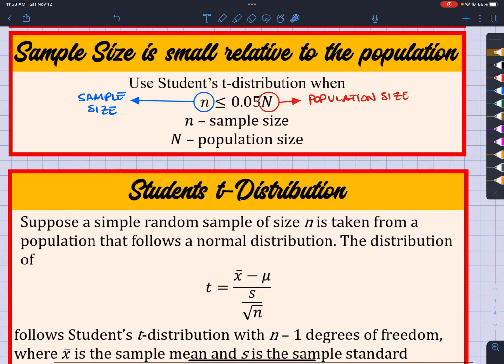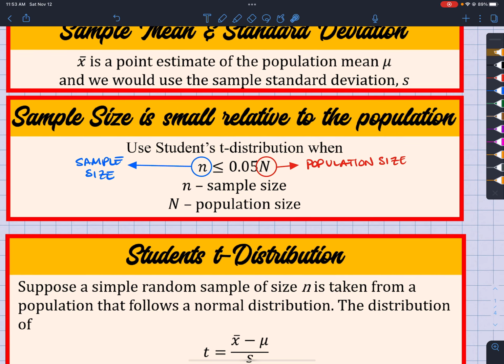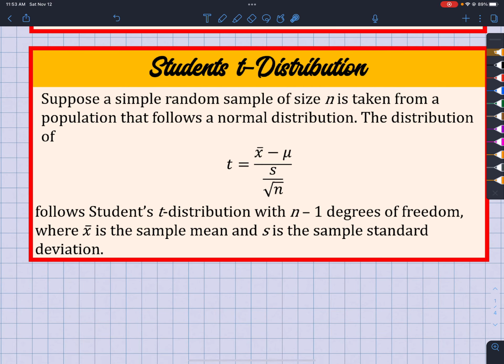And since we're already taking a small sample, remember that if it was z, this would be z equals x bar minus mu divided by the standard deviation. But because we're using such a small sample size, remember that the standard deviation of that sample mean is actually the standard deviation divided by the square root of n.